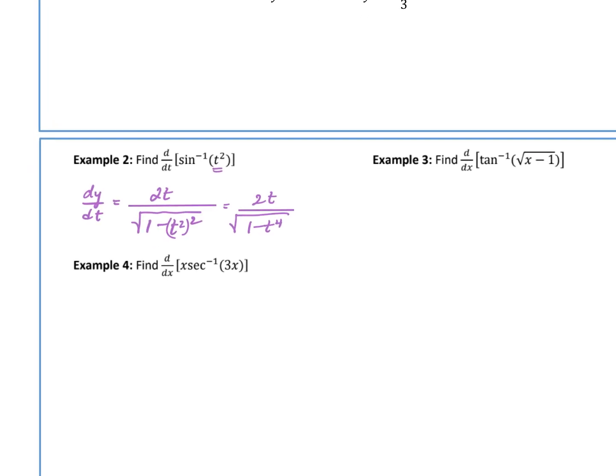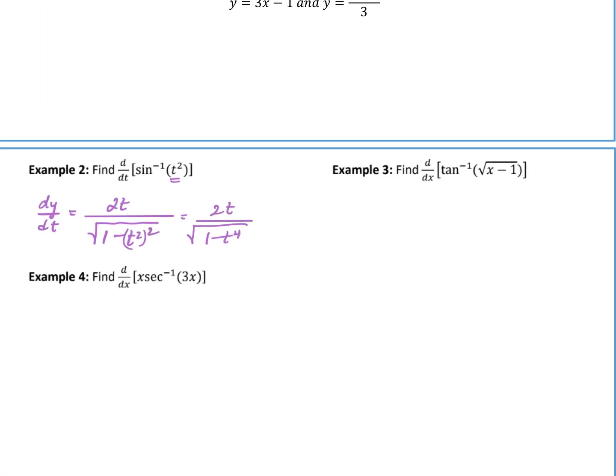All right, next one is arctangent. So the inner piece is just x minus 1 to the 1/2 power. So we're going to do dy dx, and then it's going to be 1 over 1 plus u squared. Our u is the x minus 1 to the 1/2 power.